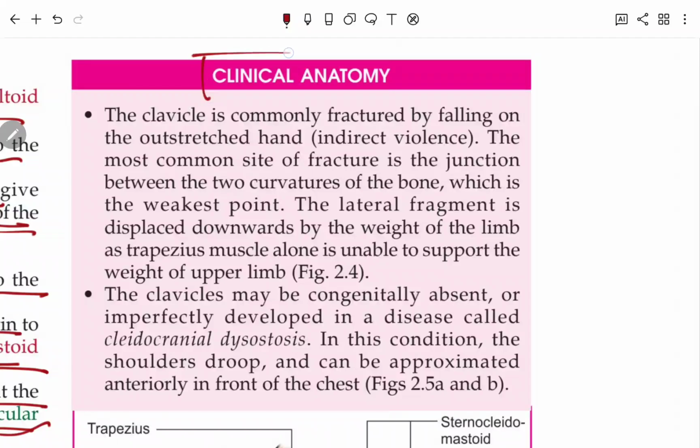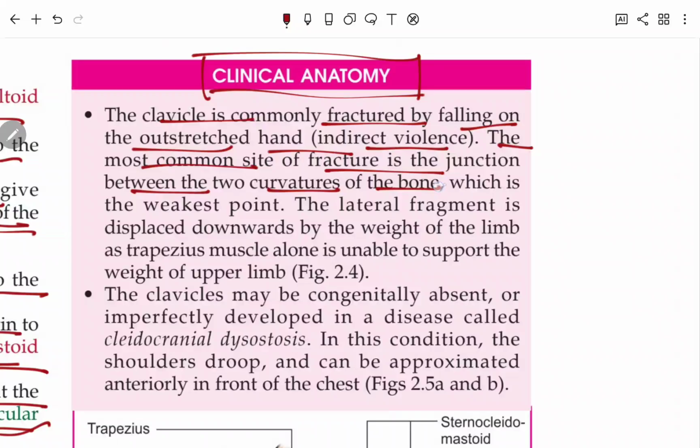So what's the clinical anatomy? What's the application of the clavicle in the medical aspect? The clavicle is commonly fractured by falling on the outstretched hand, that is indirect violence. The most common site of fracture is the junction between the two curvatures of the bone, that is lateral 1/3 and medial 2/3, which is the weakest point. The transition point is the weakest point.